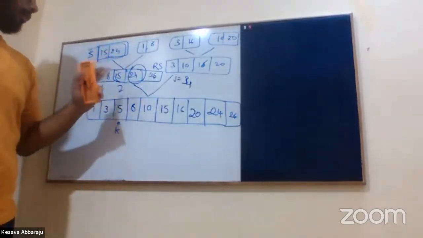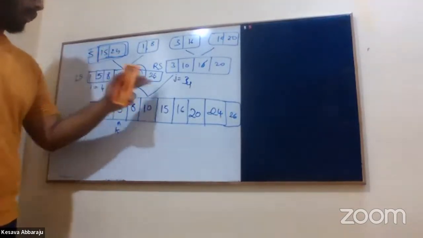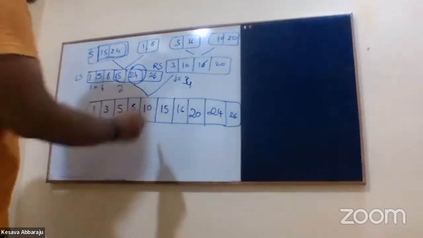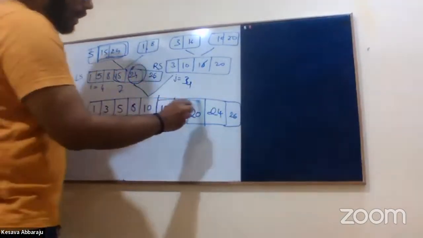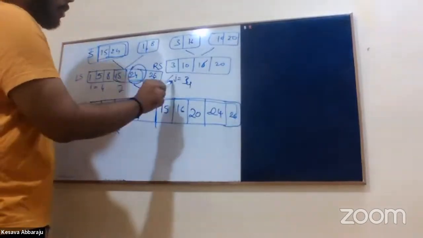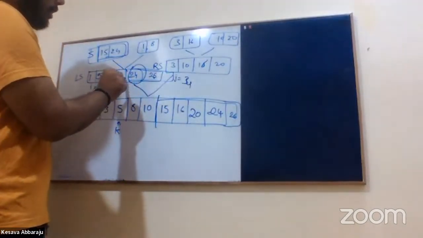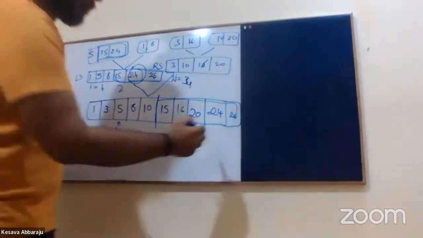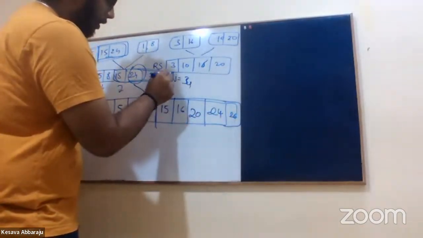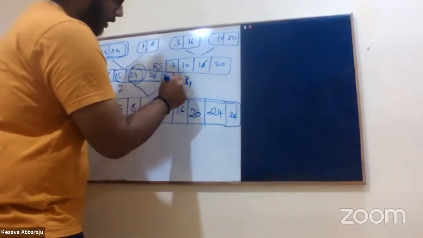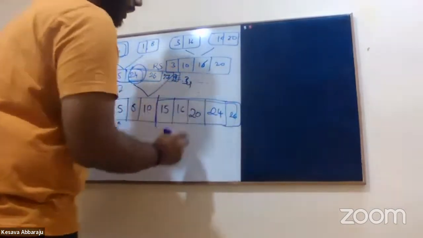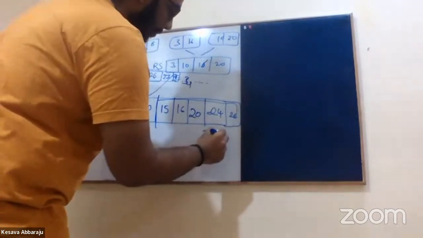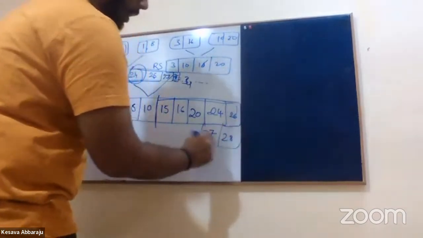After that, if all the elements of one subarray are in the resulting array, I can simply add the remaining elements in the same order because the other subarray is already sorted. There may be 27, 28. No matter how many elements are present here, you can simply add them and you will get an array that is sorted.